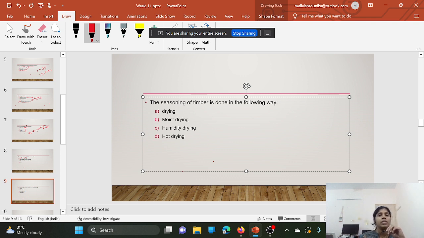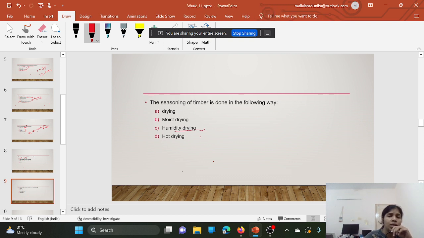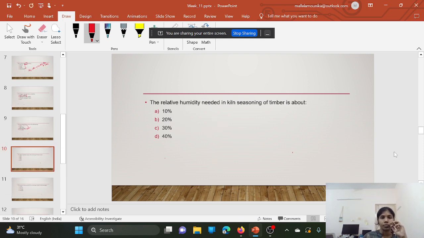Actually, the seasoning of timber is done in this humidity drying process. Under this humidity drying process, the seasoning of timber will be done. See, it is humidity drying.